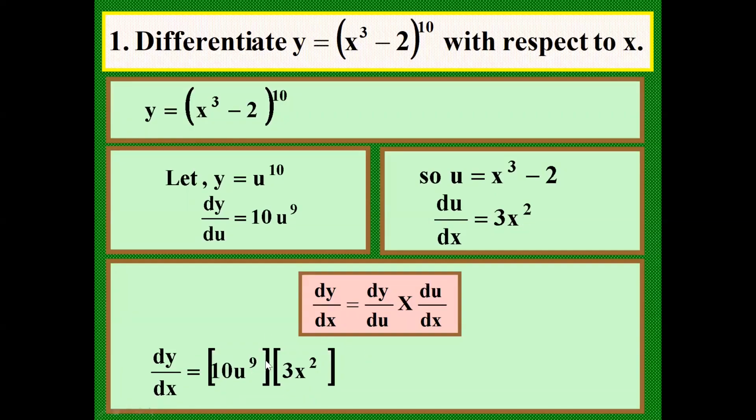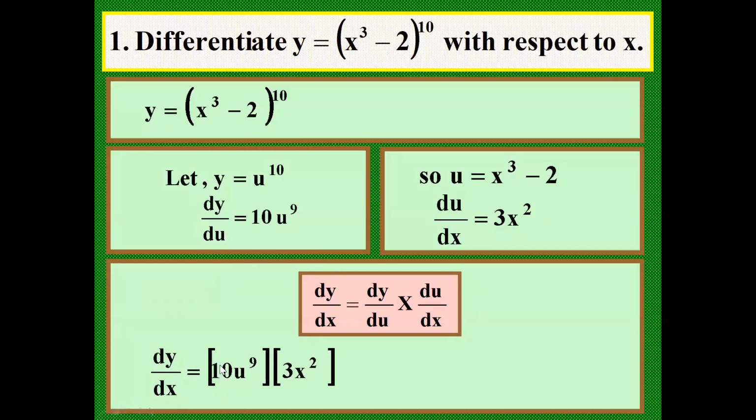Okay, actually, if you are good in mental calculation, you do not need to write out this step. Let y equals u to the power of something, or u equals x to the power of 3. You do not need to write this out. Okay, you can directly apply the answer. Means from here, y equals something power of 10, in the function power of 10, and you derive it.